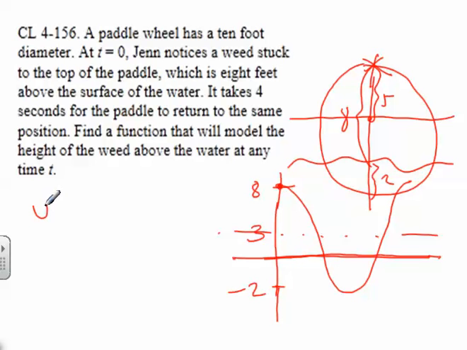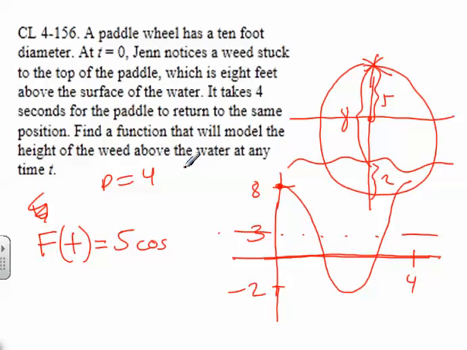So we've got a function where, actually it's in terms of t, so let's call that function f of t, where we've got an amplitude of 5, it's a cosine type of curve, and the period is 4 seconds, so all the way to 4. So we know, let's see, if p is 4, and we know that p is equal to 2 pi over b.